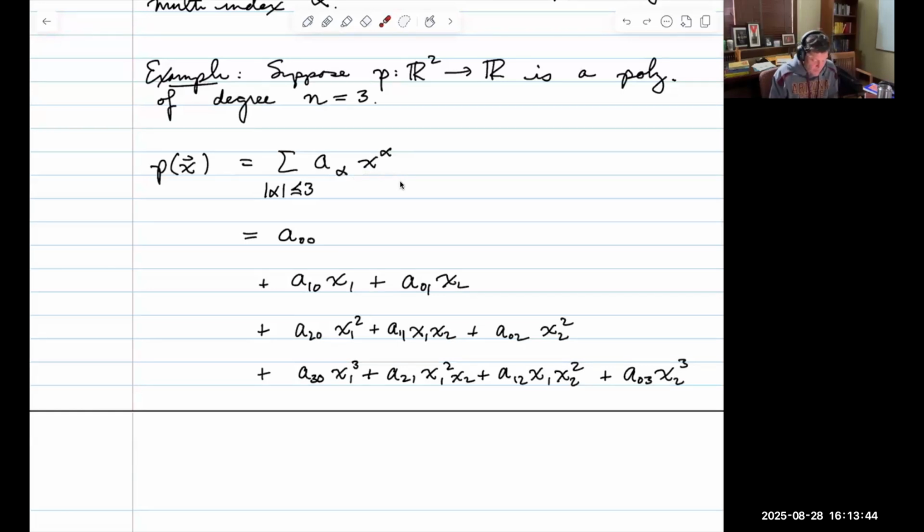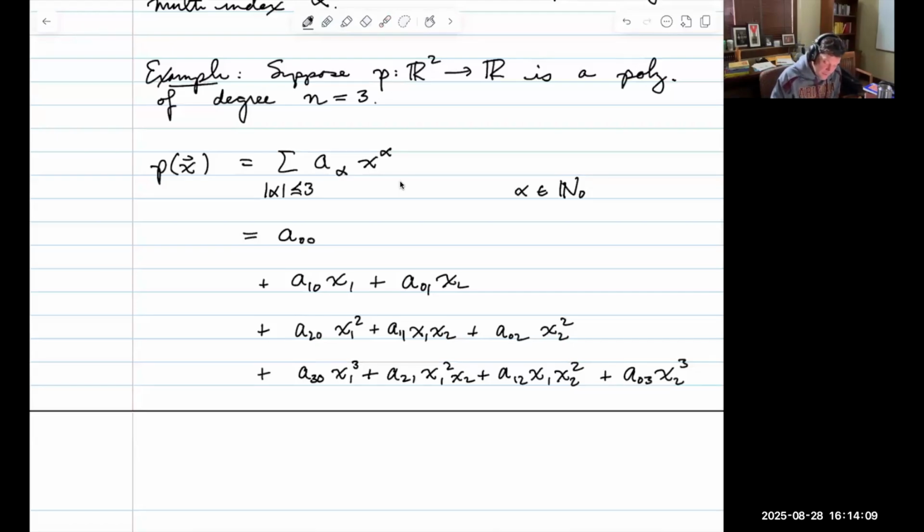So let's think about, what does the first term look like? Well, what is allowed with multi-indices? Remember, multi-indices are kind of vectors. Well, they are vectors, and the components of these vectors come from this set N_0, where N_0 is the counting numbers plus 0.